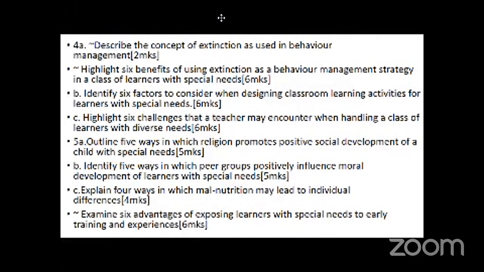Yes, Philema, I've seen your hand. What I am about to say, I don't know whether I'm correct; you will tell us. I can say it is used to control problem behaviors in classrooms, such as disruptive behavior. Okay, that is extinction to control. Okay, Anthony.